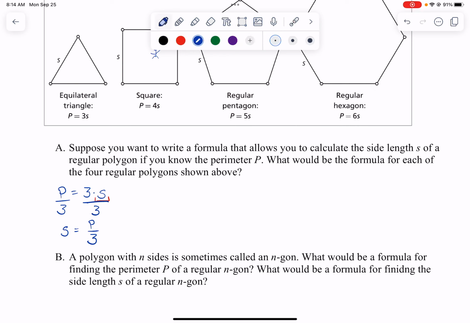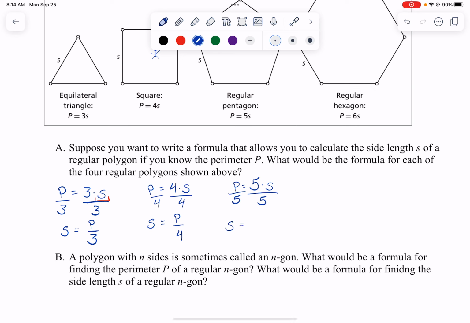Okay, so now we want to do that for each of our 4 regular polygons. So P equals 4 times S for a square. Divide both sides by 4. S equals P divided by 4. You're probably noticing a pattern there. For a pentagon, P equals 5 times S. I don't like using S's because my 5s look a lot like S's. 5 times S, divide both sides by 5.